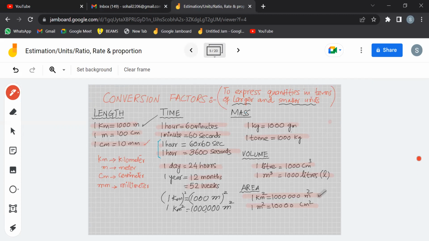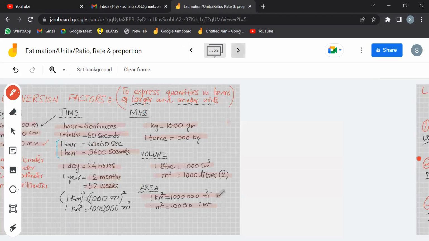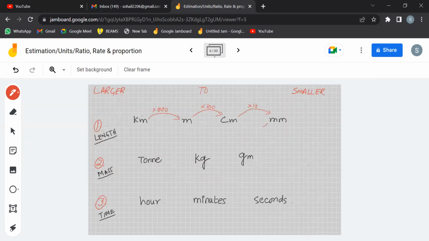From smaller to larger: when we converted from centimeter to mm, you multiplied by 10, so now you divide by 10.